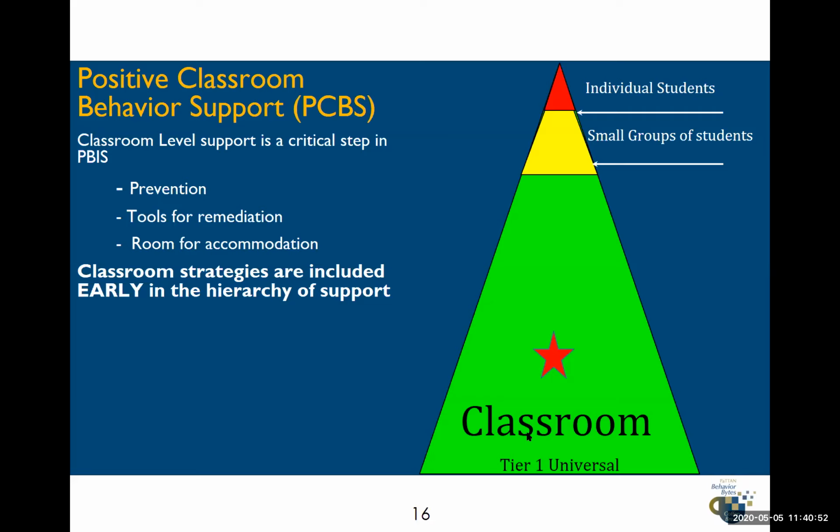So if you are a teacher who's been implementing a classroom management plan and maybe 2 to 3 of your students in your class aren't responding to it, that doesn't mean that your classroom management plan isn't effective. That might mean that you need to think of supports for small groups of students at tier 2 within your classroom system, or something more individualized within the classroom system for those students who aren't responding to your general classroom management plan.